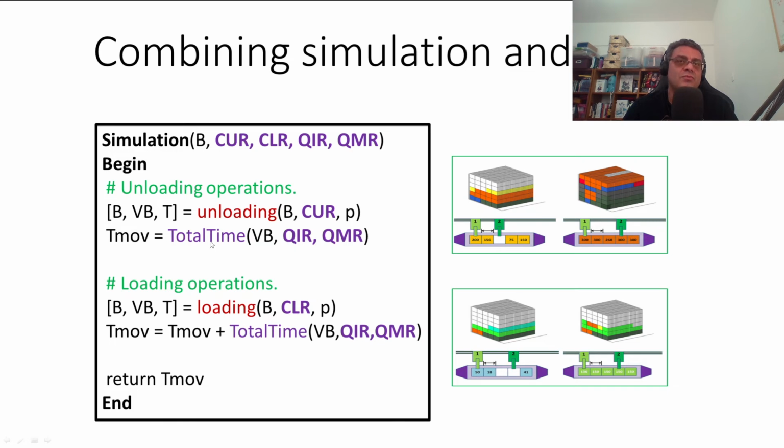You can now compute the total time the ship will spend in the container port by applying these quay crane rules. So you can return two things: number of movements and total time. It's up to you to choose between these two options, or combine them.